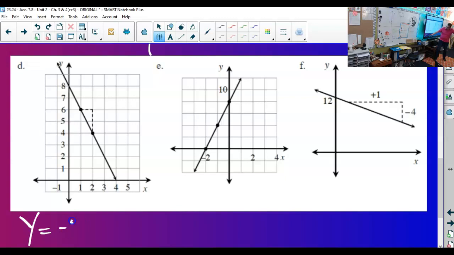Negative 2x because this growth is negative. For D, this growth that you can't see is a 1. This is 1 up on the x and 2 down for the y. Our growth is negative. For E, Maddie, what do you got for E?